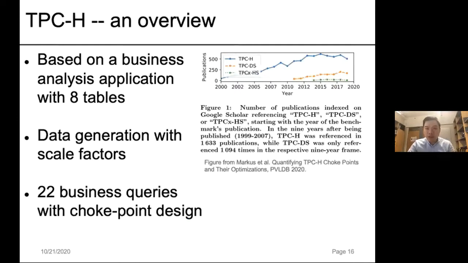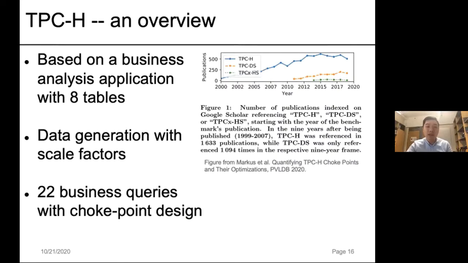TPC-H is a very popular benchmark in the field of data systems, as shown in the figure. TPC-H was referenced in more publications than its successors TPC-DS and TPCx-HS in the past 10 years.